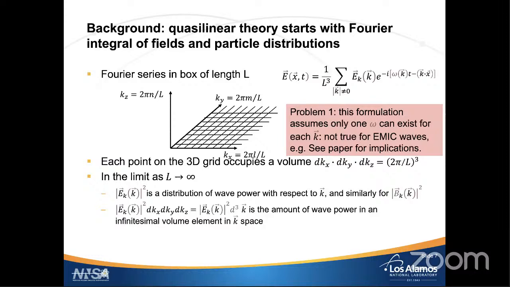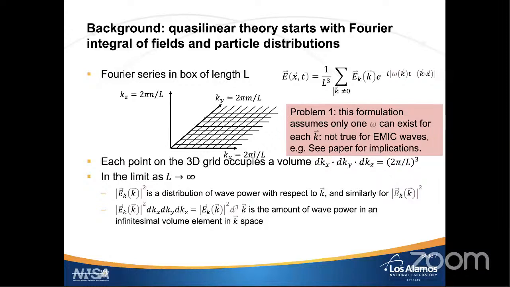Each of these vectors can be understood to represent the wave power in a volume of wave vector space, where the volume is the cube of 2 times pi divided by L. As the box size goes to infinity, that volume goes to 0, and the squared magnitude of the electric field vector as a function of k becomes a distribution function.